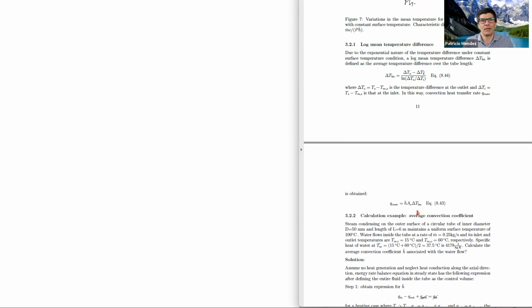And the delta T log mean is like some magical delta T that makes our equation look like the same as before, as we have always used, but now accounting for something that didn't happen before. That is the fact that the temperature difference is varying.